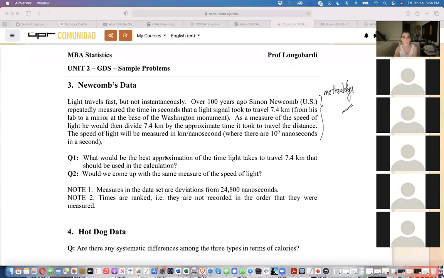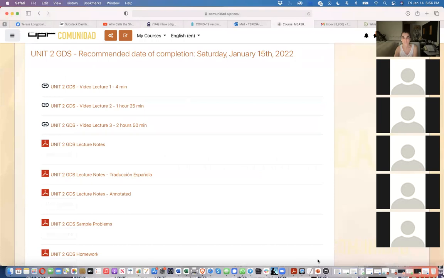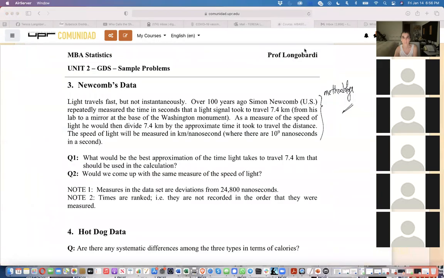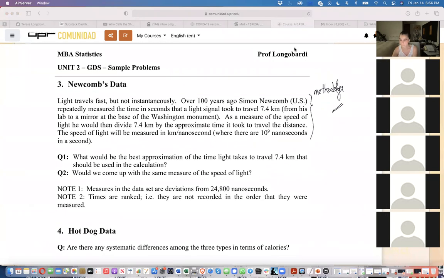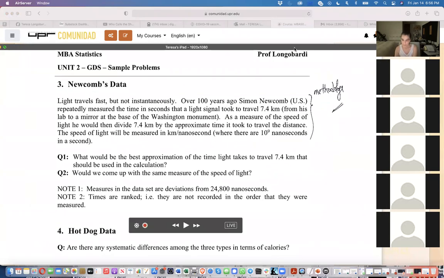And you can't see that. This is his methodology.